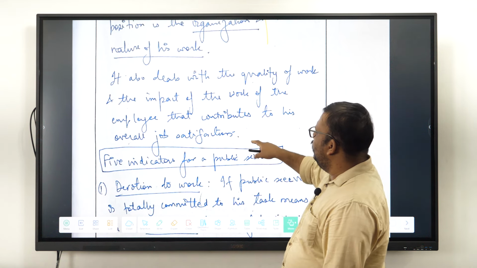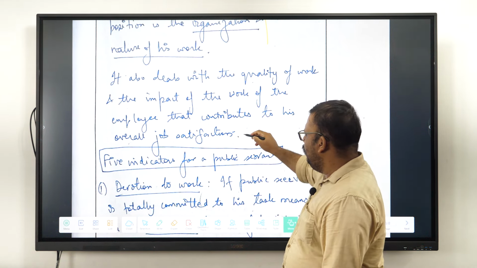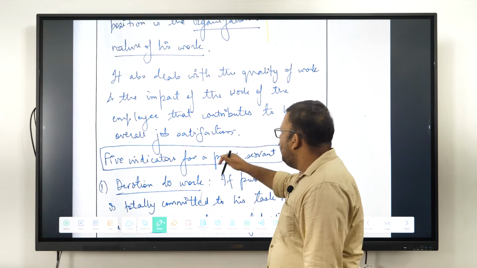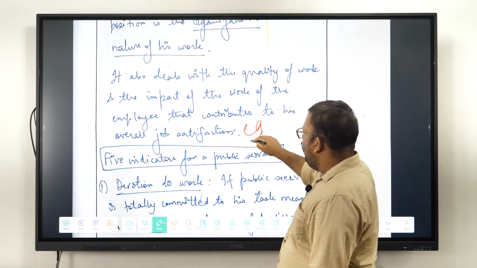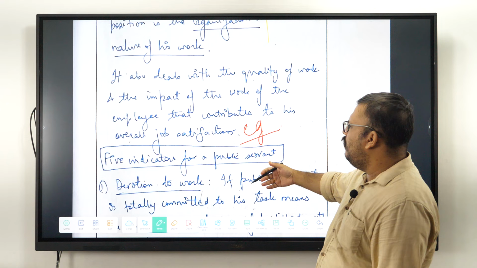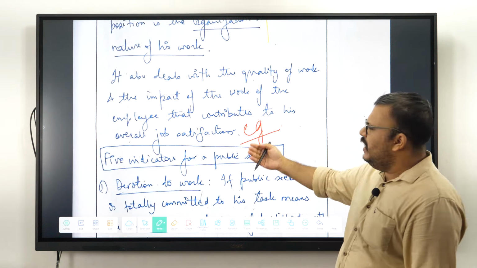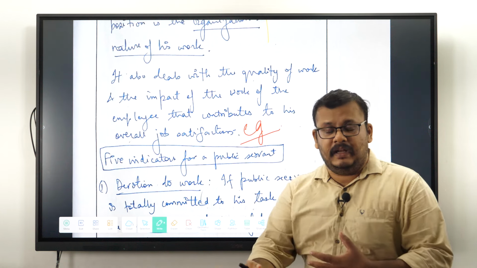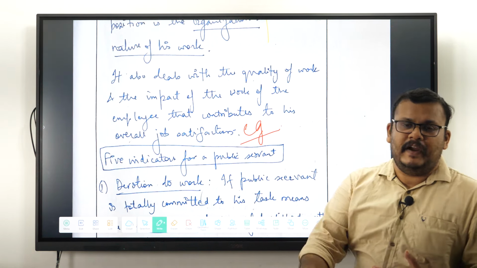So remember, if you are able to bring in a live example along with the definition, he is saying it contributes to the overall job satisfaction and deals with the quality of job, but there are instances where a particular individual is satisfied with the job.